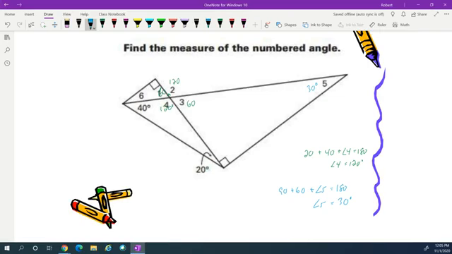Now look at that little triangle. I'm going to trace that little triangle in red. We know the 60 and we know the 90. We could do the work, but aren't we going to get the exact same answer? 30.